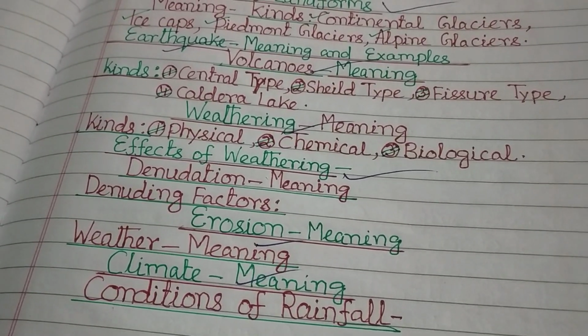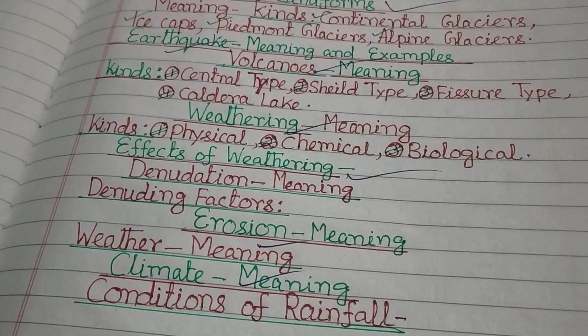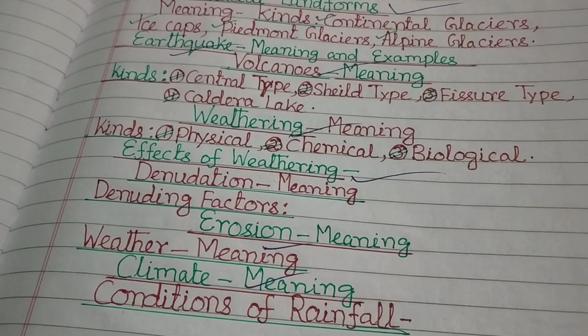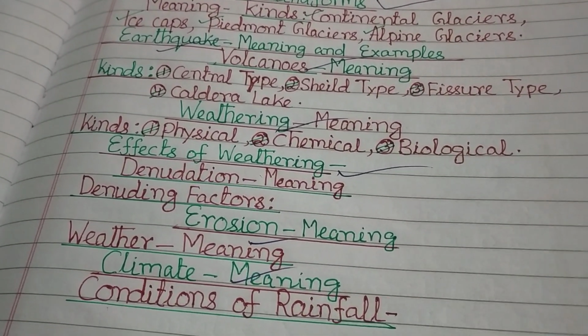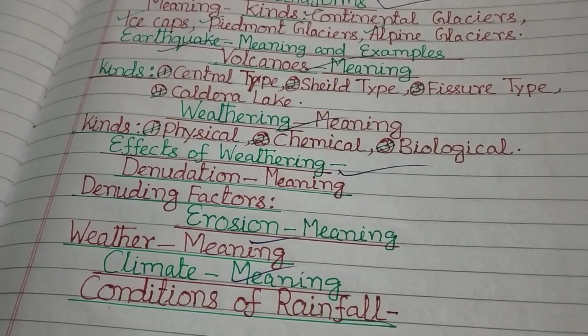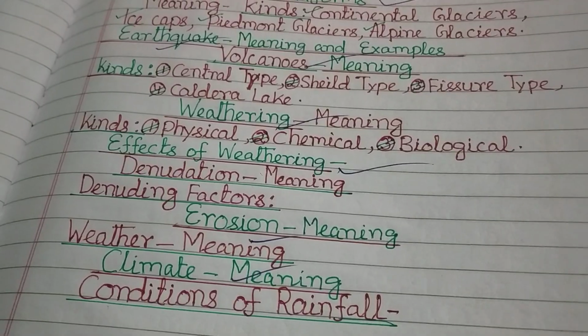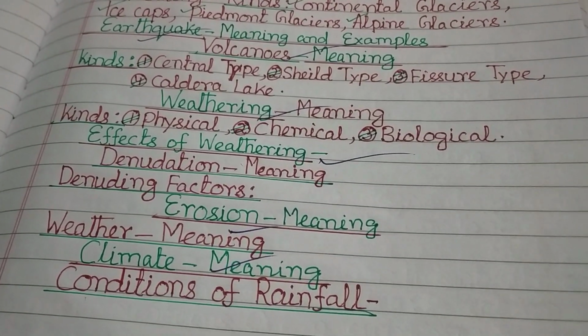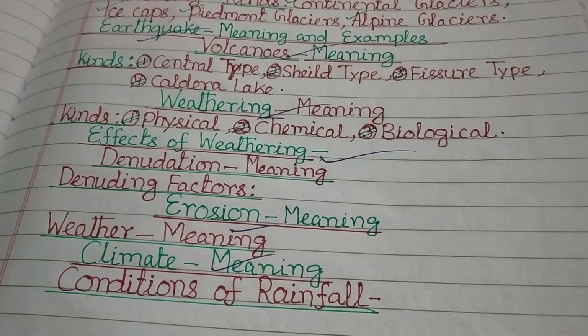Then comes a stage of scraping, scratching and grinding on the surface rock. It includes removal or transportation of the weathered rock material from one place to another. This stage is called erosion.